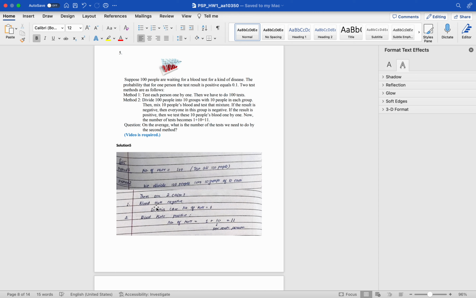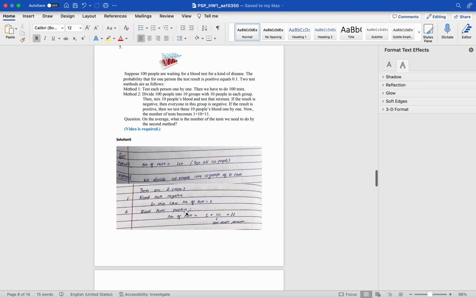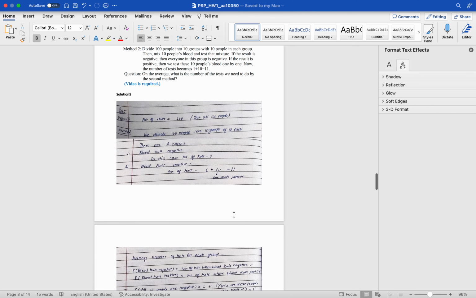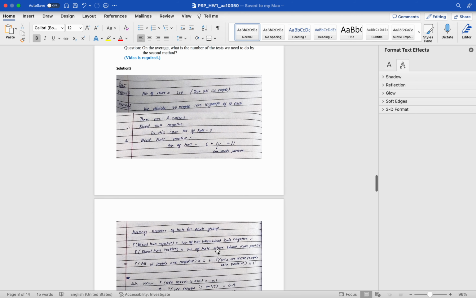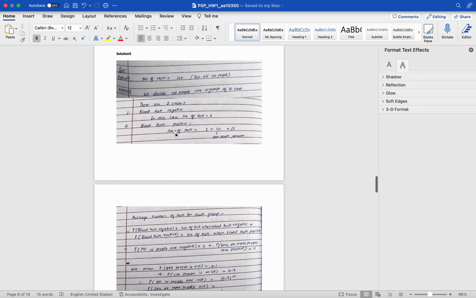So when the blood test is negative, we know that no one in the group is positive. We can just do one test and be sure about it. But if the blood test is positive for a particular group, then we'll have to do 11 tests. So to find the average number of tests for each group, we have to consider both of these cases.